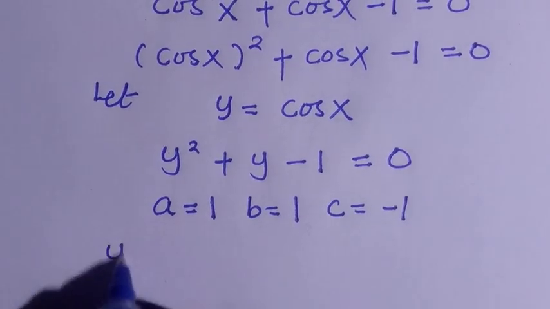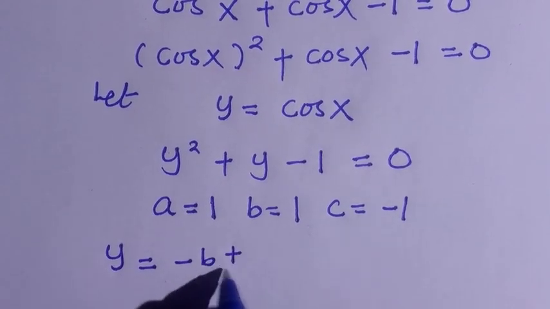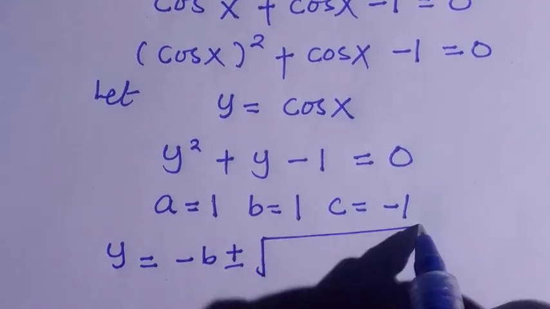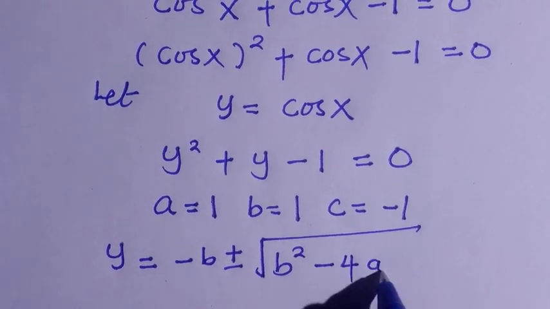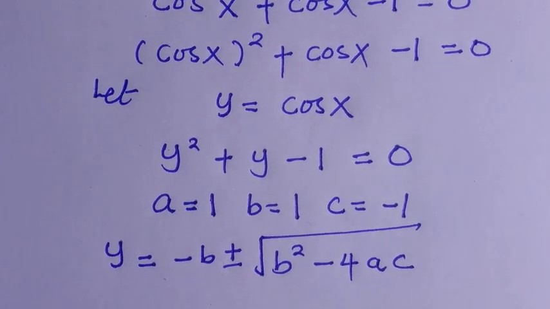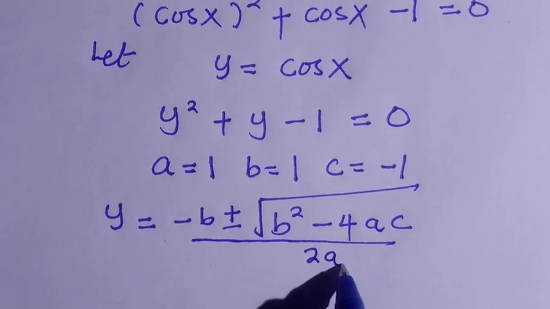So we are going to substitute it in this formula, which is y equals minus b plus or minus square root of b square minus 4ac, divided by 2a.